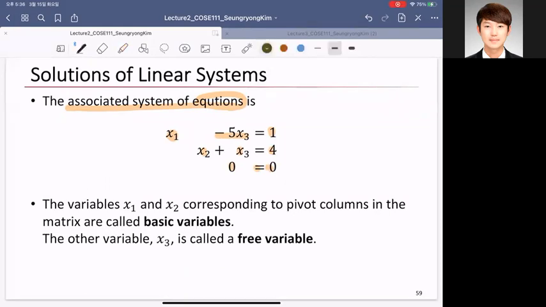So let's think about the solution of this kind of setting. We have to find x1, x2, x3. The question is, what is the solution of this linear system?